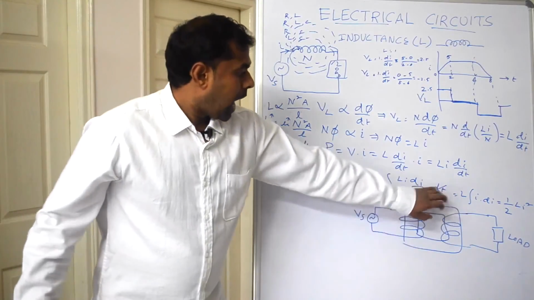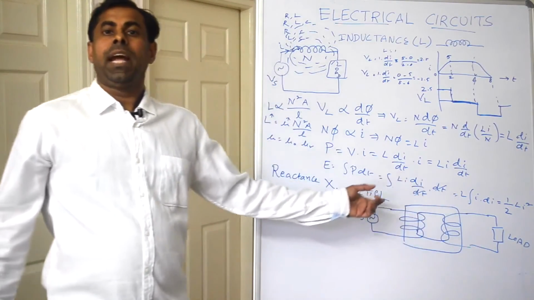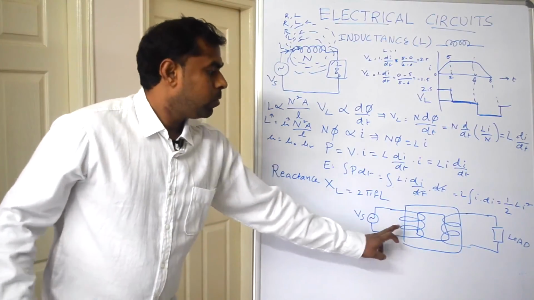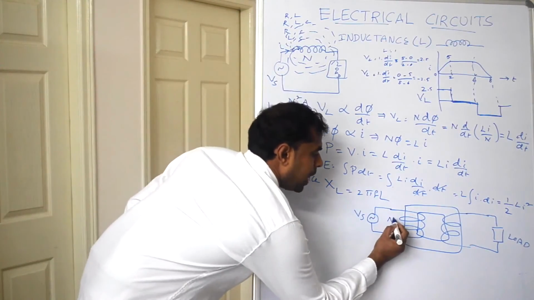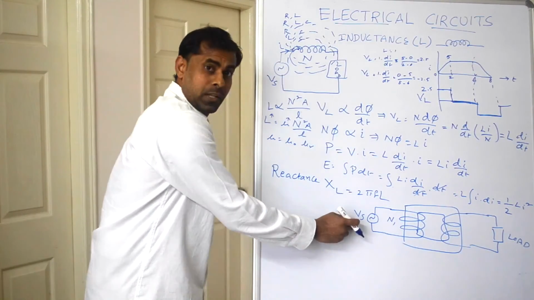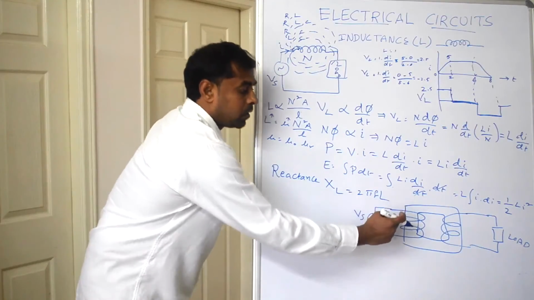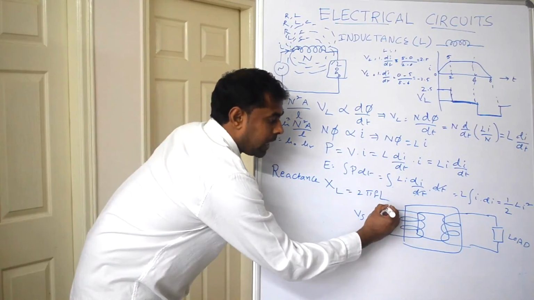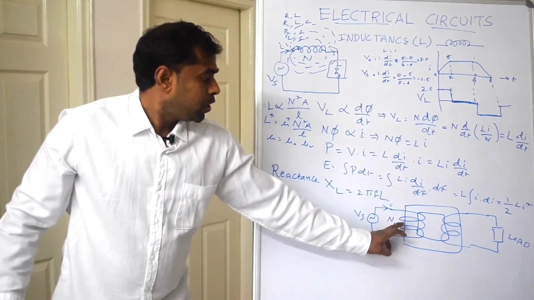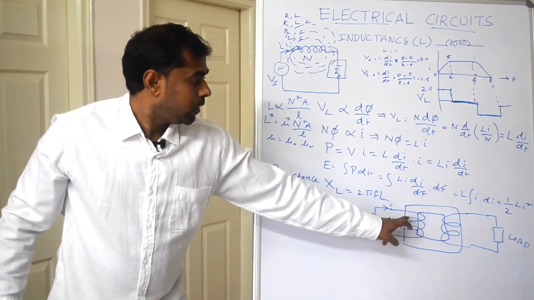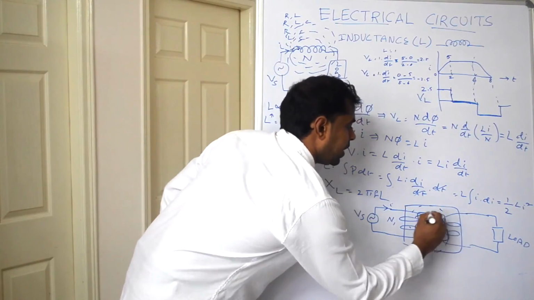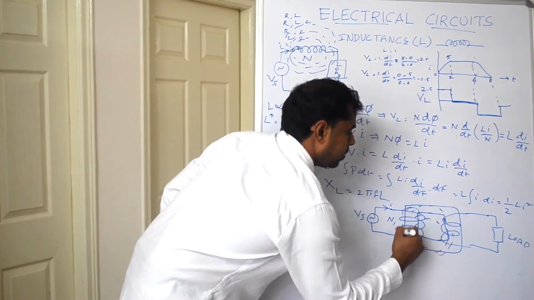Here an iron core is used because it has the highest relative permeability value. On one side we have made the wire twisted into N1 turns. Whenever you apply a source, the current through this is going to change, so it is going to produce a magnetic field, flux.